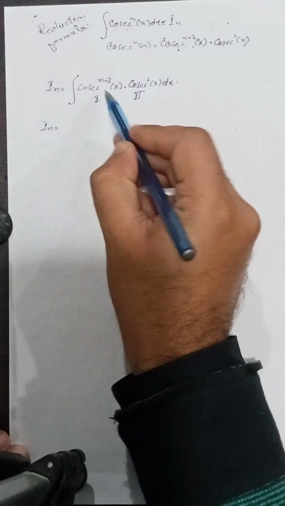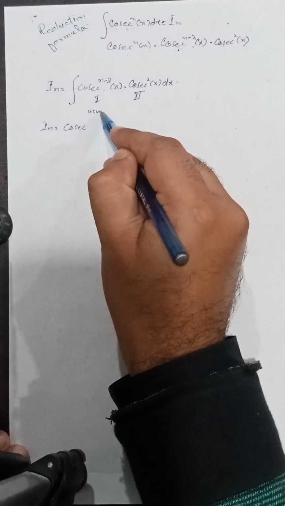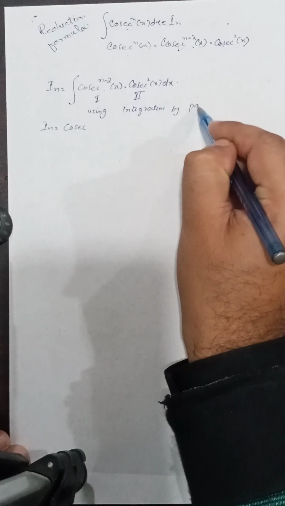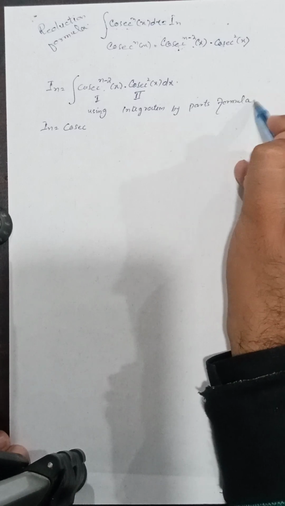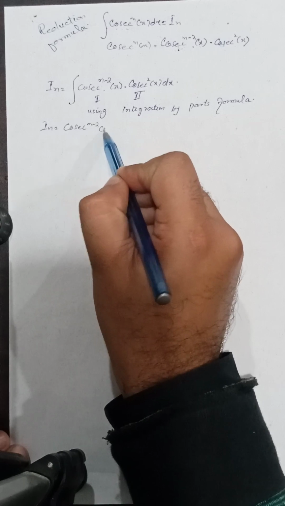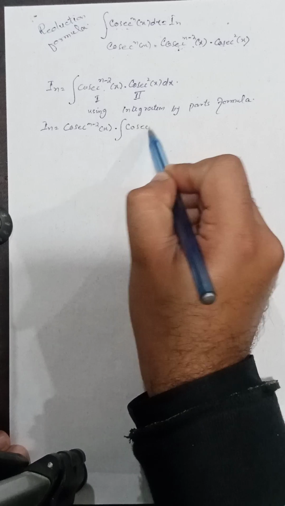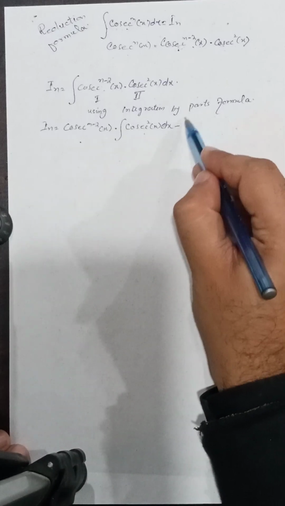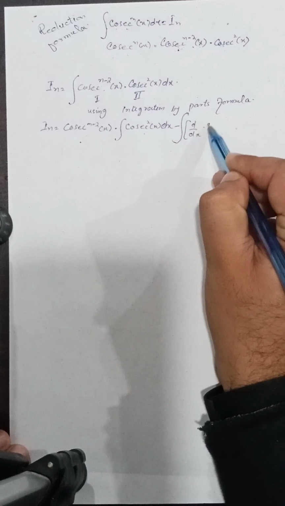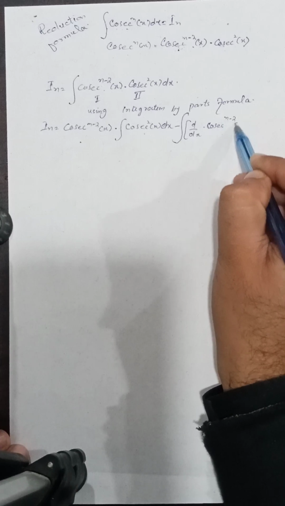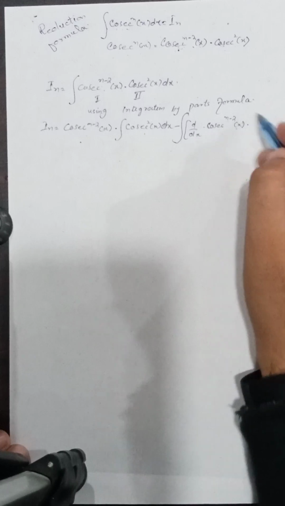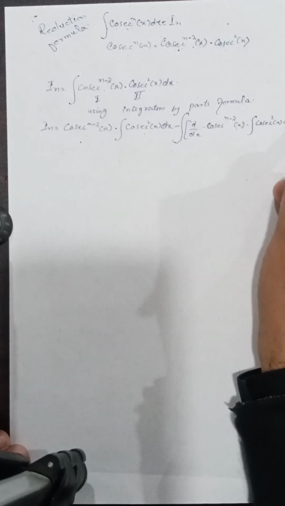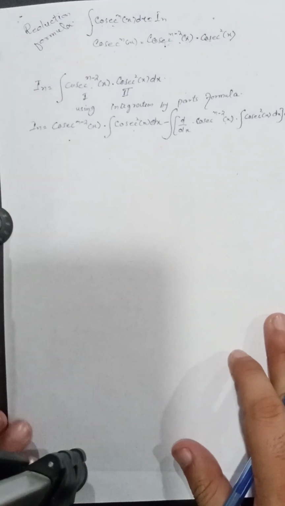So I n is, using the integration by parts formula: first function, integral of second function, which is cosecant square of x, minus the whole integral of the derivative of first function, which is cosecant n minus 2 of x, and the integral of second function, which is cosecant square of x. This is the applied integration by parts formula.